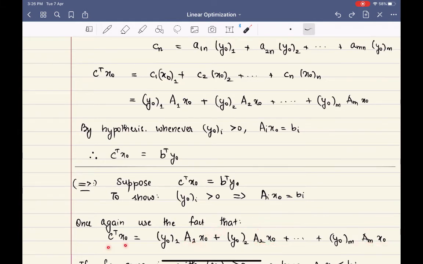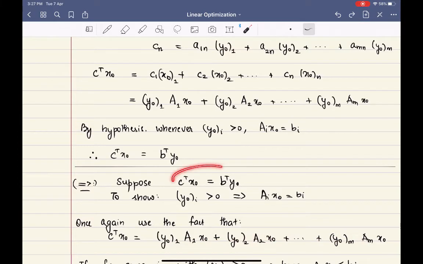So C transpose x0 is at most B transpose y0. Okay, but we know that it is exactly equal. So if one of these things is strictly less than the corresponding b coordinate, then the sum will be strictly less than B transpose y0.